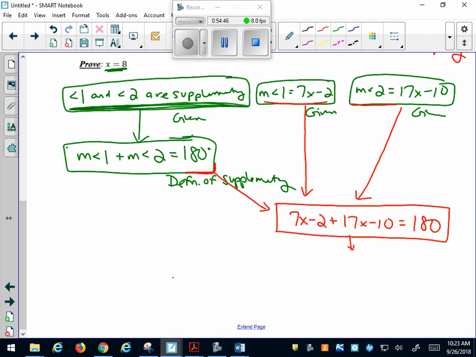We're going to combine like terms. And then we're going to add 12 to both sides.